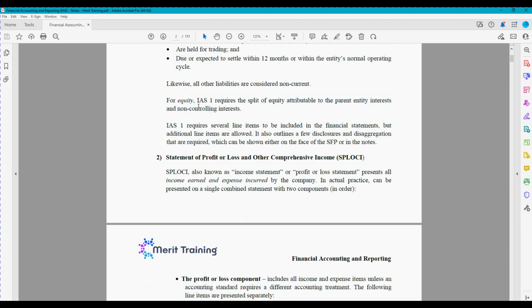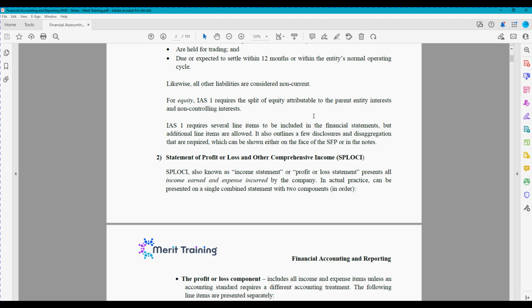When looking at equity, we've covered assets and we've covered liabilities. The only other component to a balance sheet or statement of financial position is equity, because as we know, assets minus liabilities equals owner's equity, or equity. The main requirement worth noting here under IAS 1 is that it asks you to split out the equity attributable to the parent entity's interests. Think about Microsoft acquiring Activision.